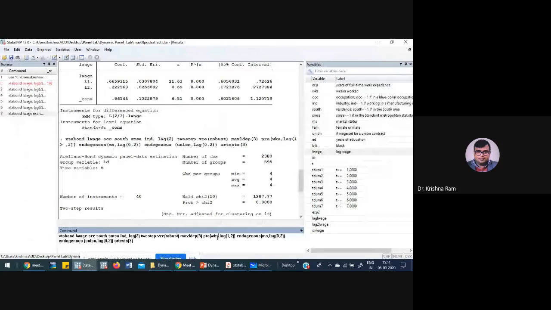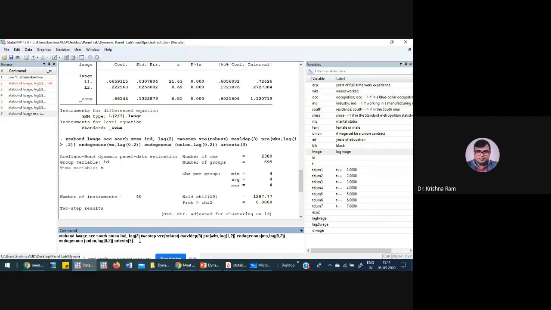Lag 1 means we are using the first lag of the weak work variable as an explanatory variable, and 2 means again we are using 2 lag up to 2 lag value of the weak work variable as an instrument for weak work. So these are the explanations of using different options along with the different variables.